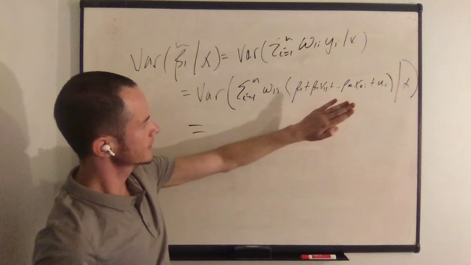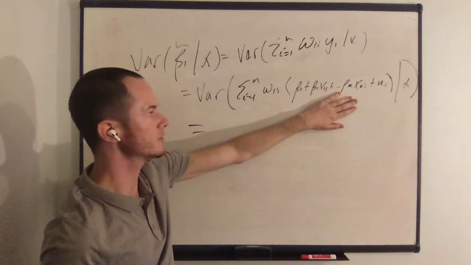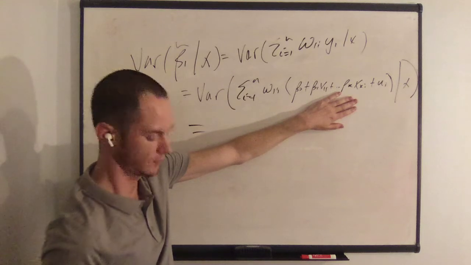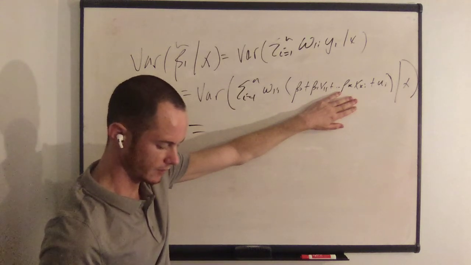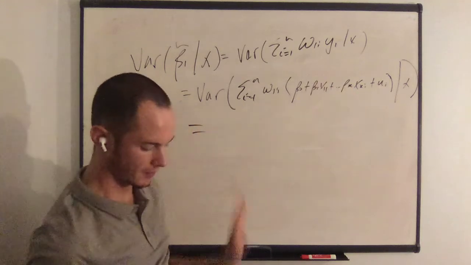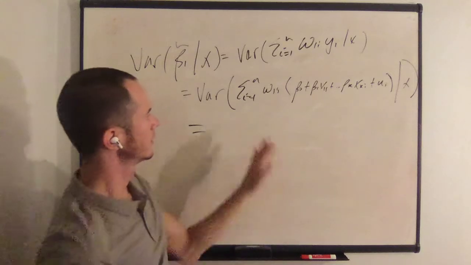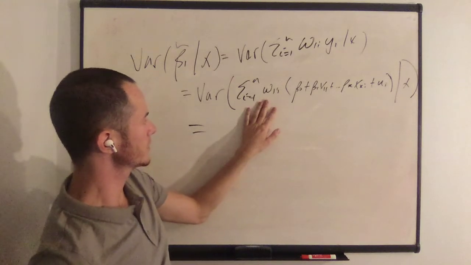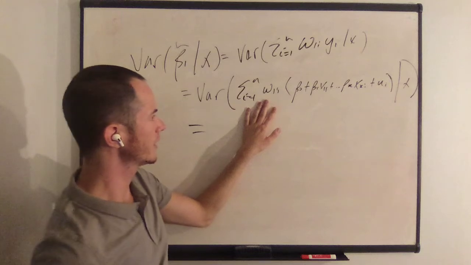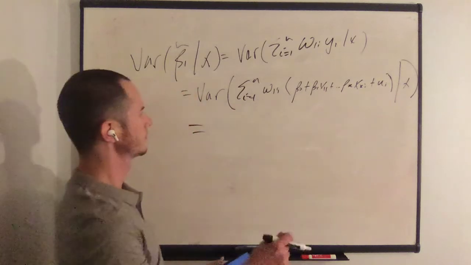And observe that none of these are random variables. And so they all come out. And we are left with the sum from i equals 1 to n of w1i times the variance of u given x.